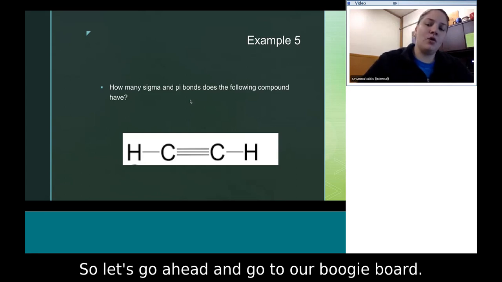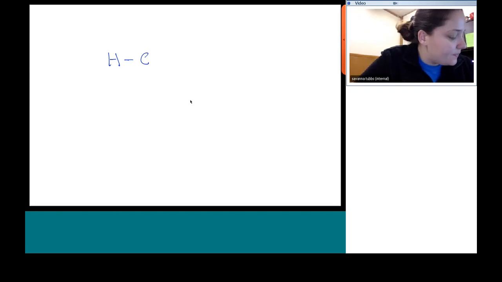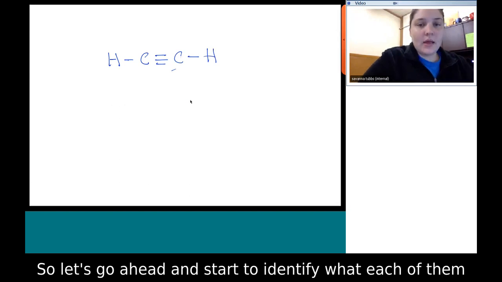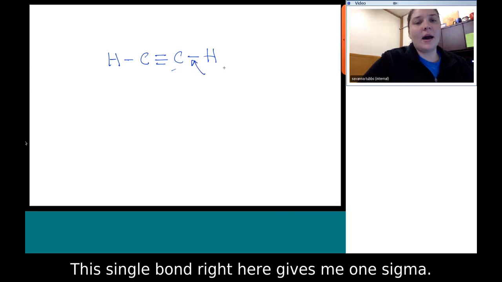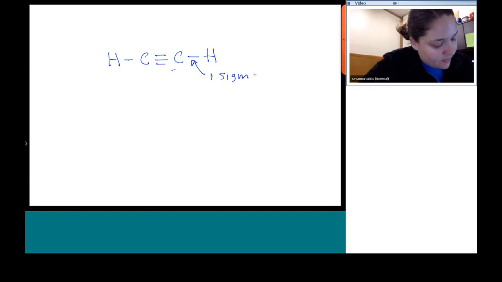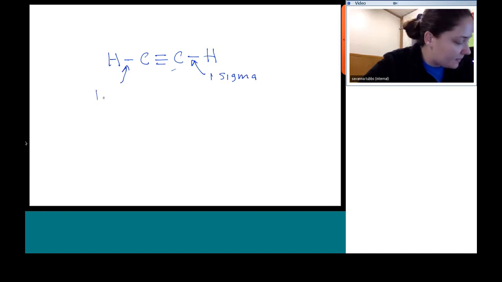So let's go ahead and go to our boogie board. So we have H, C, C, H. So let's go ahead and start to identify what each of them gives us. This single bond right here gives me 1 sigma. Same thing here. I also get 1 sigma.